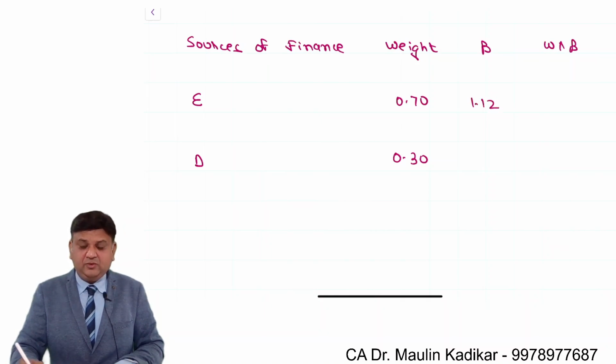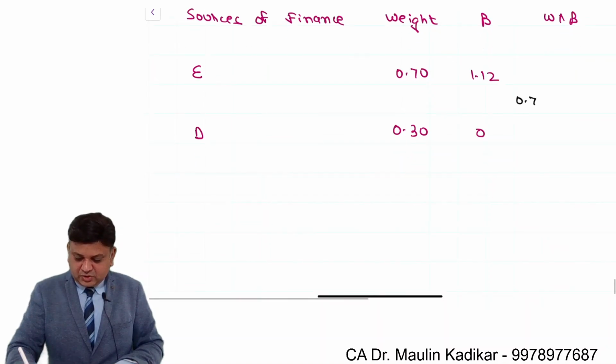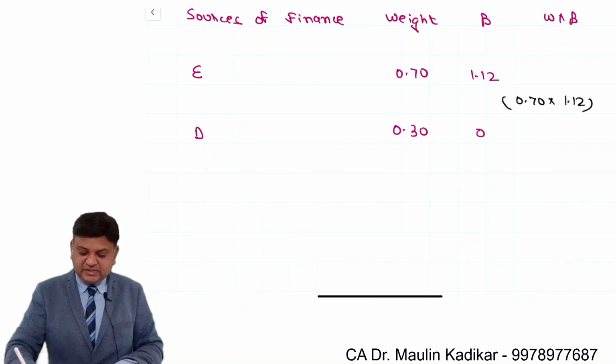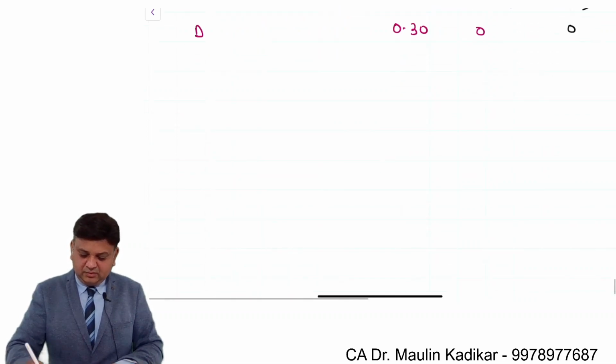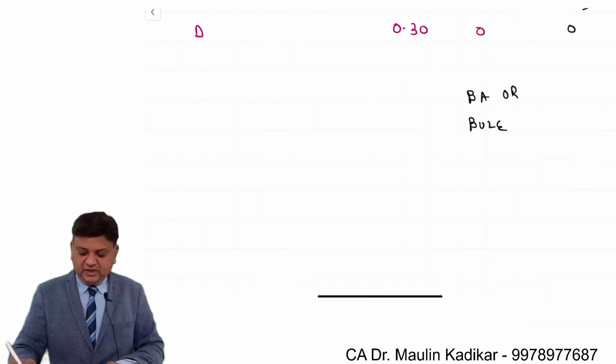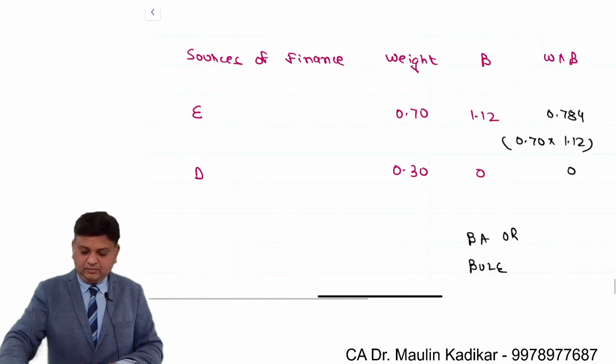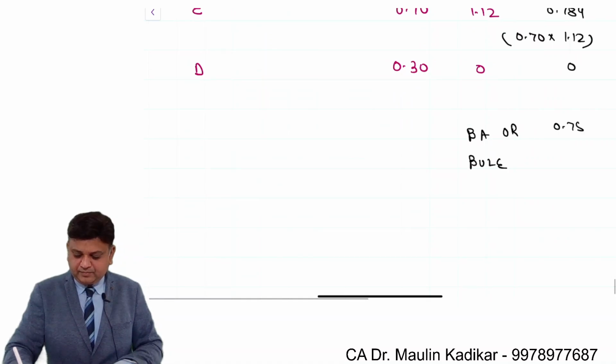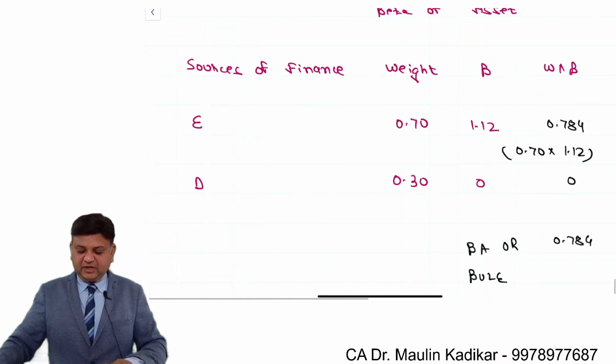This is 1.12, and this is 0. So 0.7 into 1.12 is 0.784. And this is the way we compute the beta of asset or beta of unlevered equity. So it is 0.784. This is the way we are required to work out the answer.